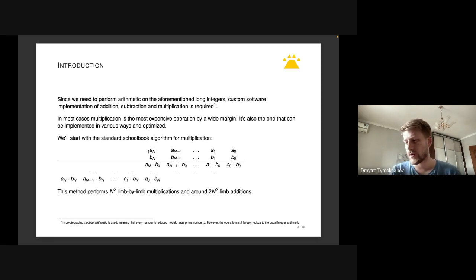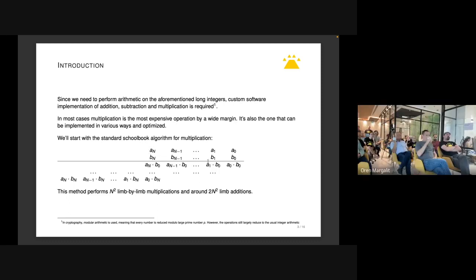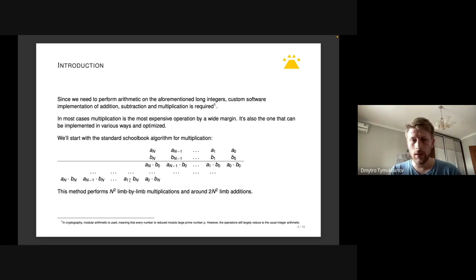It's just a regular way to multiply numbers digit by digit, right? And if we count the number of operations needed, it's n squared multiplications, because we need to multiply each digit by each digit, which is n squared pairs, and around 2n squared additions of limbs.